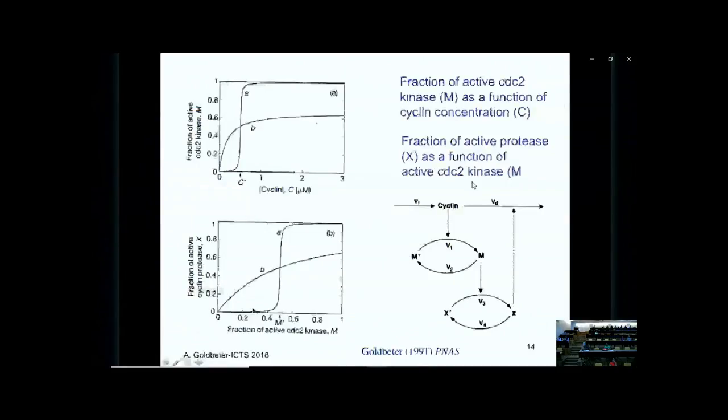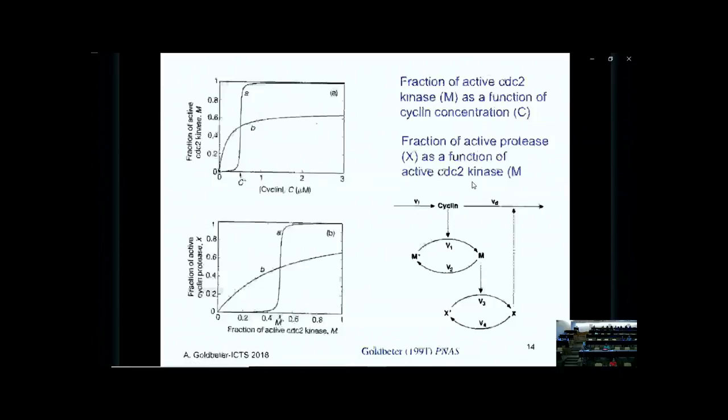So if we plot the fraction of active kinase CDC2 as a function of cyclin, let us consider only the case A. The case A is when there is zero-order ultrasensitivity. Then the fraction of active kinase CDC2 varies very steeply as a function of the cyclin level.